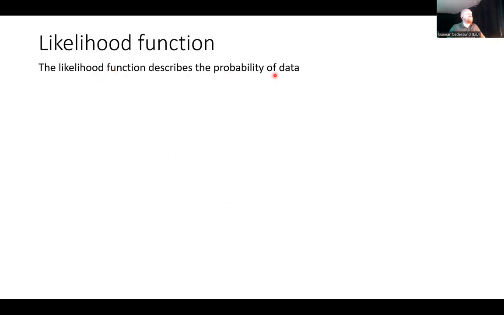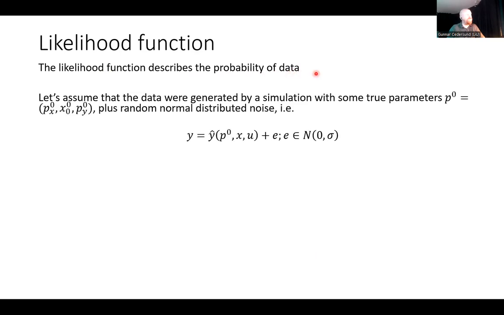So the likelihood function describes the probability of the data for some given parameters. So let's here, just to understand how this is constructed, let's just assume that the data was generated with some simulation with some true parameters, P0 here. So this doesn't mean the exponent, this just means that it's zero. This is a common way to write that these are the true parameters.